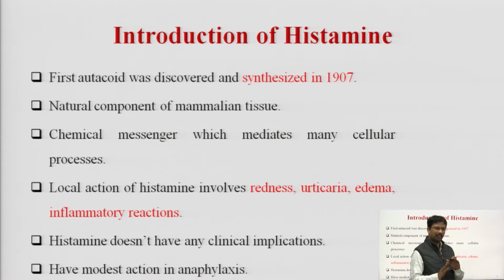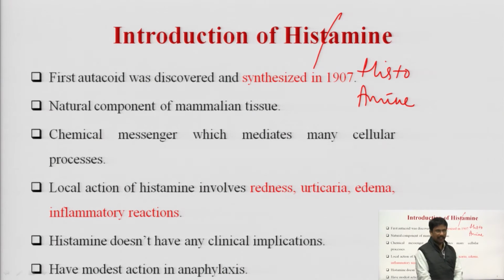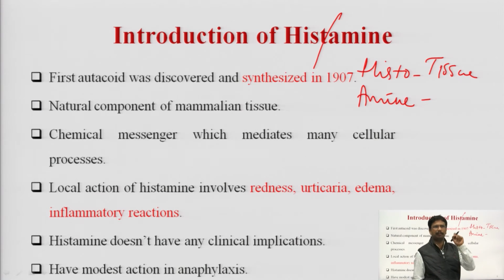Okay, we can understand this a little more easily, let us break it down again: Hista plus amine, we divided it into two parts. So one word is histo, and the other is amine. You are all aware about the term histo, you read it in anatomy physiology. Histo means tissue, and amine is the chemical nature of that particular compound. These are the components known as biogenic amines, meaning they are derived from the amines specifically found in the tissues.